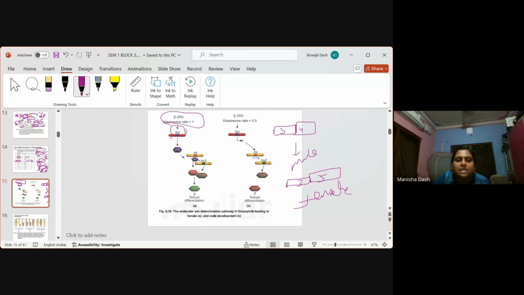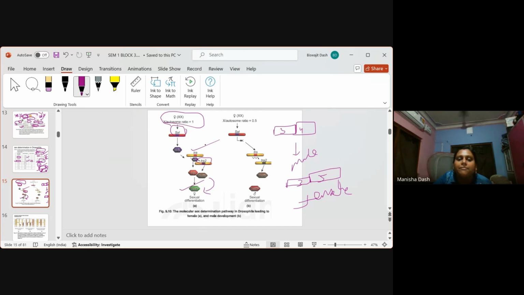If this SXL is produced or activated, it leads to the splicing of the mRNA called TRA, and this will again induce another mRNA, TRA2. So TRA and TRA2 together will promote the expression of a female specific protein, the DSX. This is called the doublesex protein.